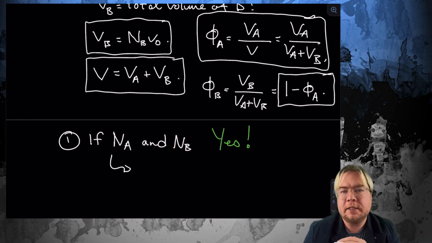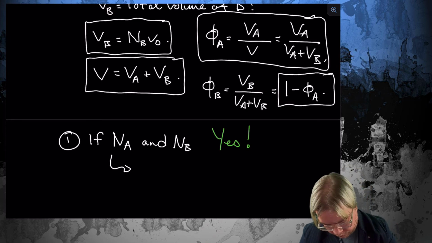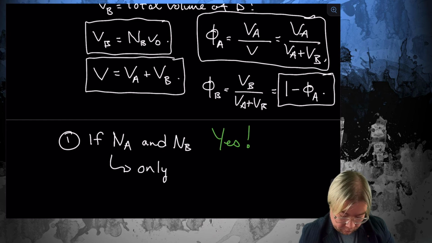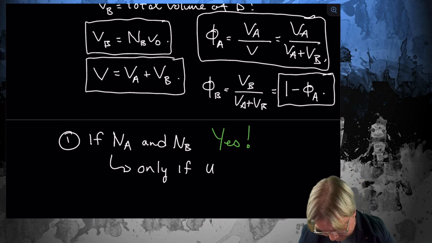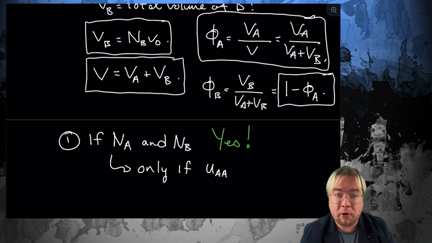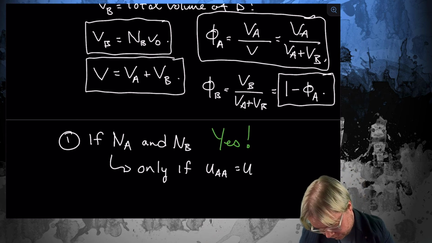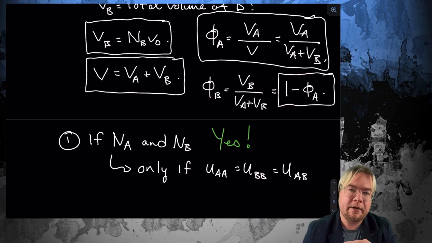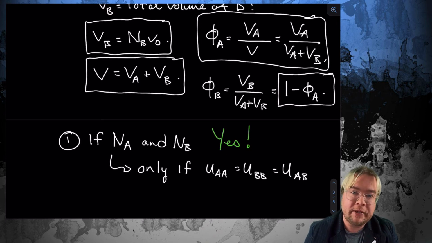Well, we're not going to talk about interactions right now. So we're going to say for this video only, they will only mix if the strength of the interaction between A particles is equal to the strength of the interaction between B particles, which is equal to the strength of the interaction between A and B particles. Okay, so this is going to be a condition.